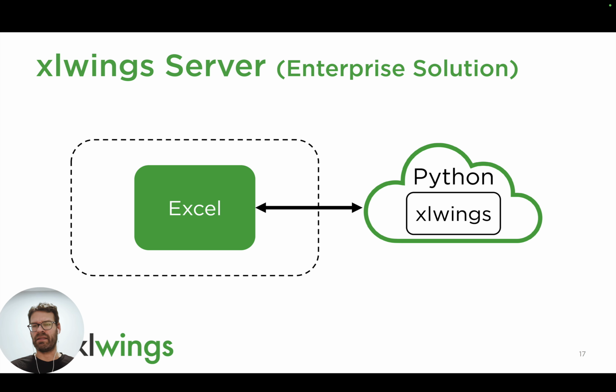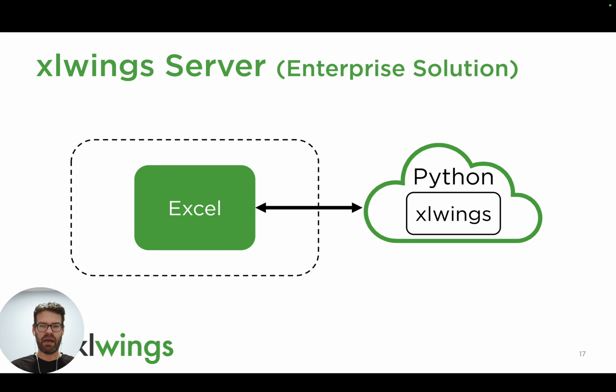Since xlwings Lite is called Lite, it comes with a few restrictions. If you want to get around these restrictions, you can use xlwings Server, which is the enterprise solution. It runs on a self-managed server behind your firewall, and it runs a complete, full installation of Python, so it doesn't have any of the restrictions.